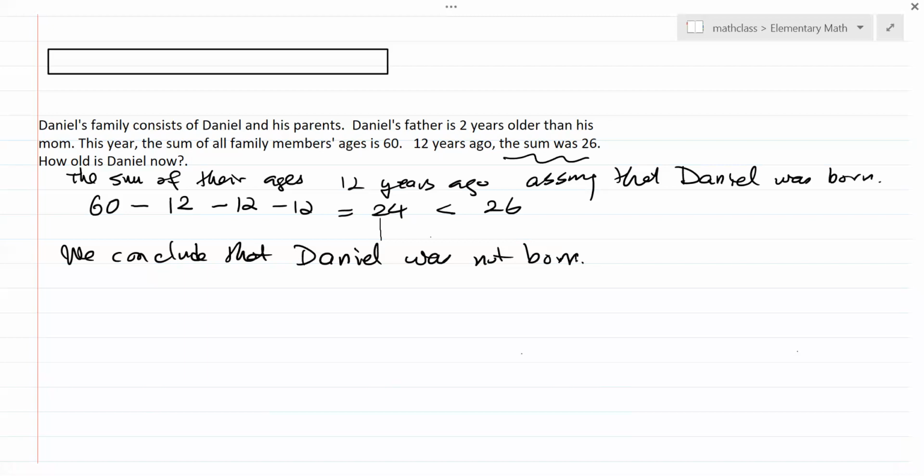Twelve years ago, the sum is actually the sum of the parents' ages.